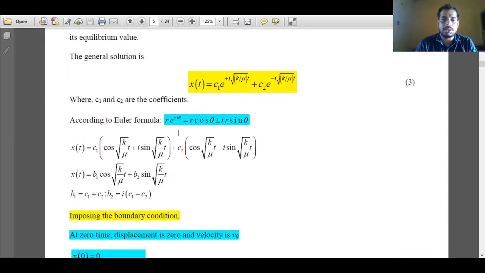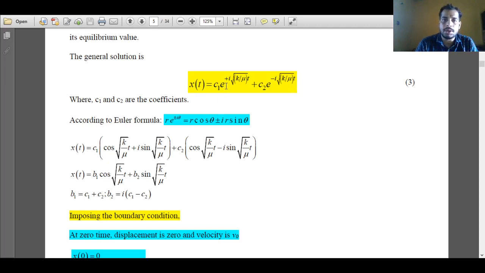Now according to Euler's law, e to the power i theta, or r e to the power i theta, is equal to r cos theta plus or minus i r sin theta, or e to the power plus or minus i theta is equal to cos theta plus or minus i sin theta. So I'll use Euler's formula in equation 3. Now C1 is a constant, it remains as such.